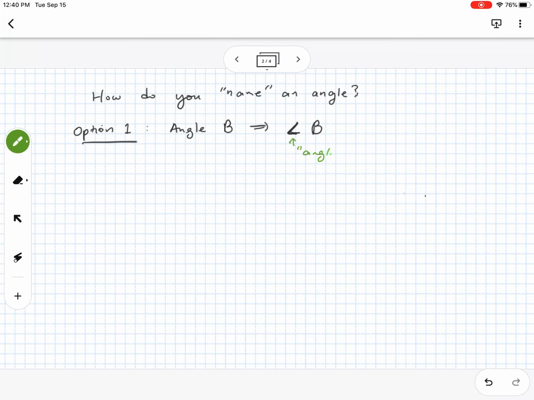So this is pronounced angle. And keep in mind that the angle symbol goes like that, and the bar has to be horizontal. So one way to name it is by just using one capital letter, angle B. An example of that would be like this.